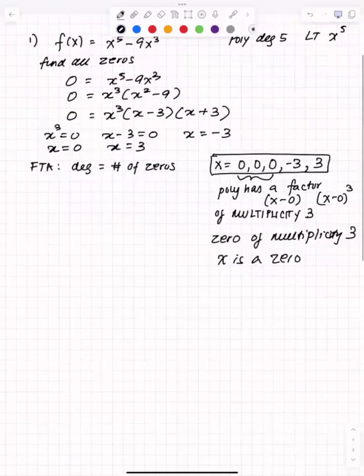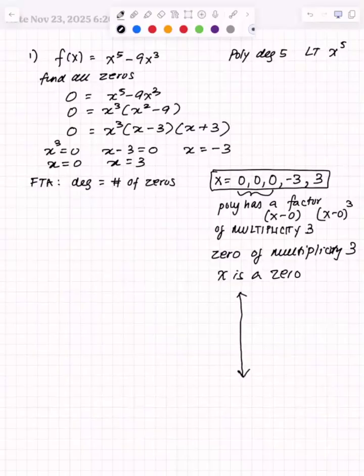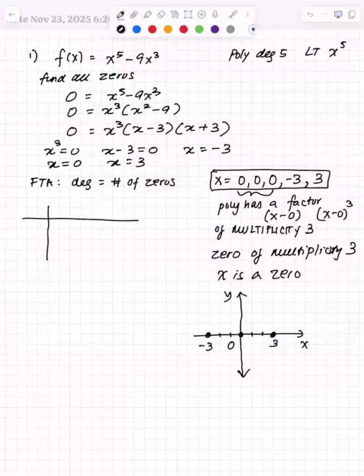Now we know how to sketch this. You find the intercepts, and you can plot them directly. They were 0, 3, and negative 3. And then we said the simplest way is just make a sign chart with all the factors.